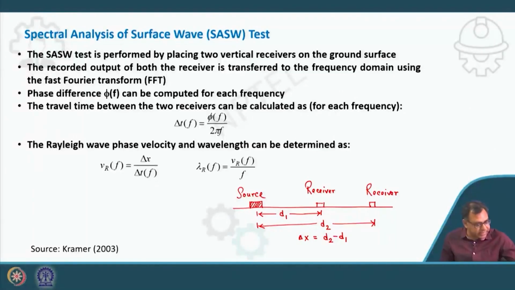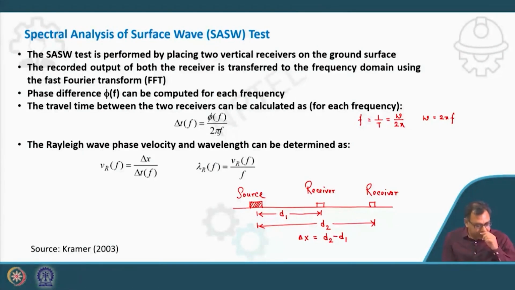How are we getting that? You know that frequency is equal to 1 by the time period, which is equal to omega by 2 pi. So my omega is equal to 2 pi f.